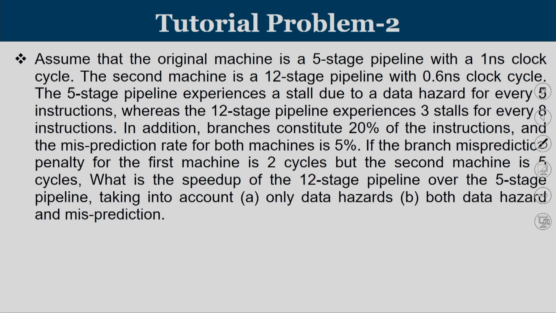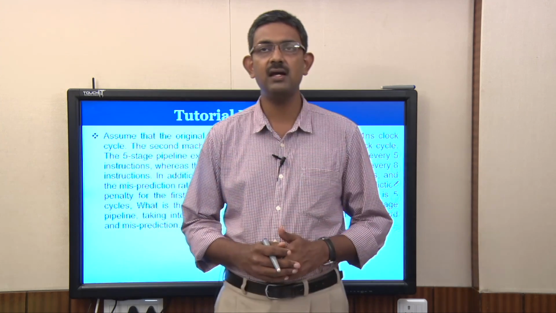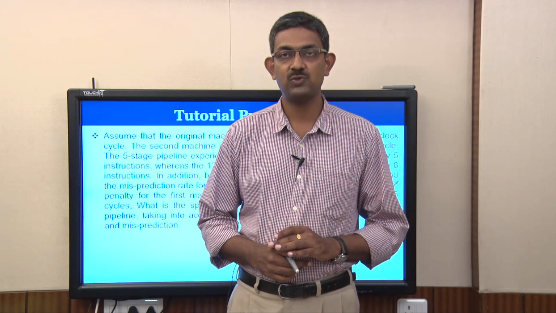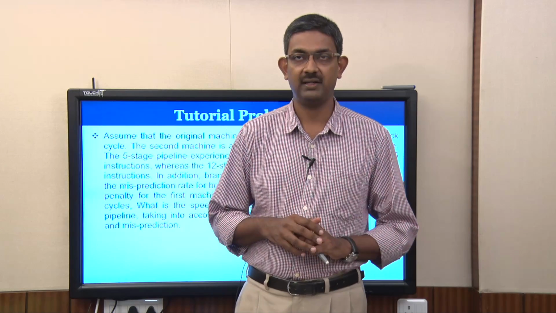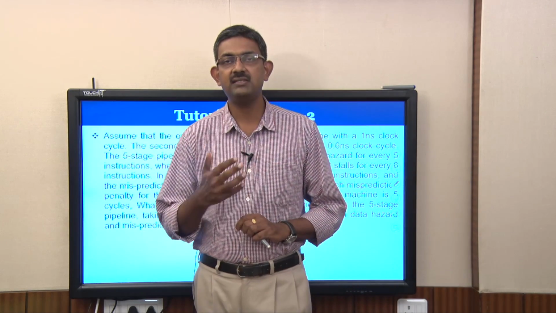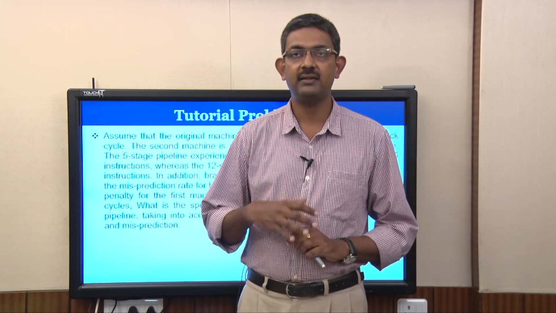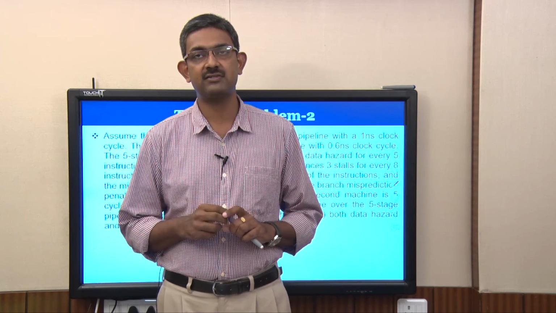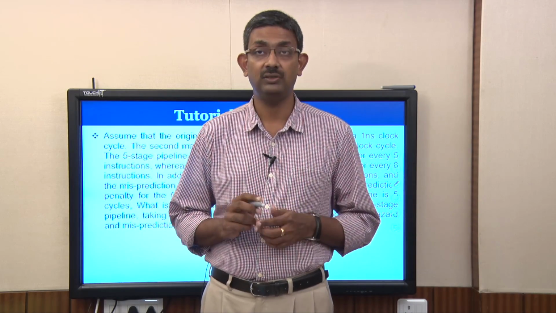Let us try to understand what the question is. Here we are given data of a 5-stage pipeline as well as a 12-stage pipeline. Now the 5-stage pipeline has a data hazard issue where for every 5 instruction there is a stall.